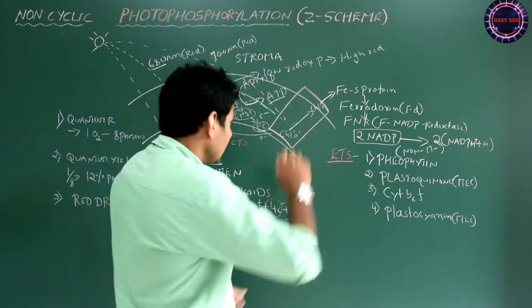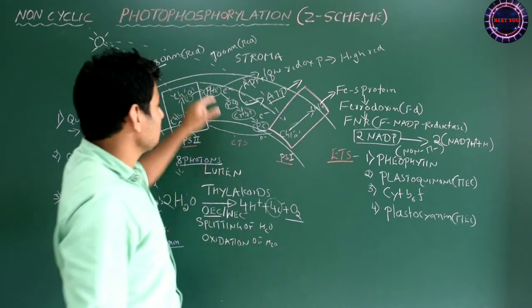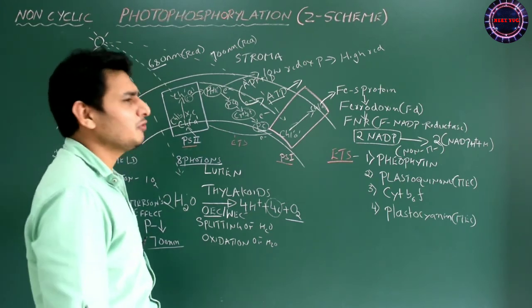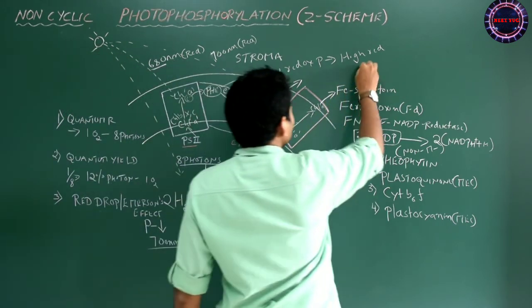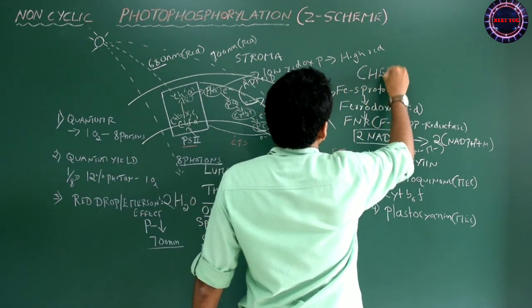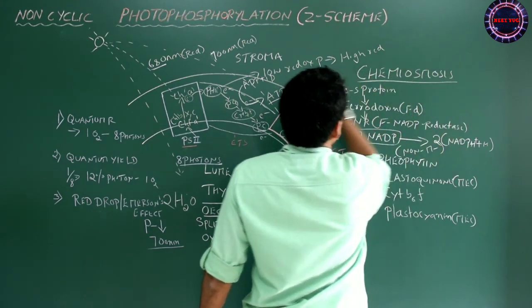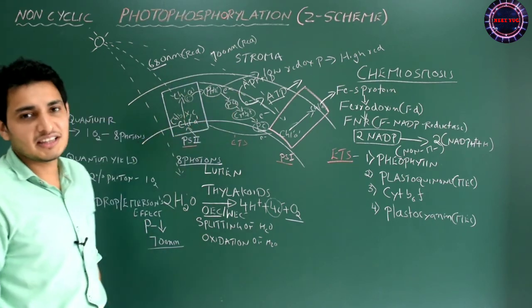Okay. Next I am going to explain how exactly ATP is synthesized within the electron transport system in non-cyclic photophosphorylation. It can be applicable to cyclic photophosphorylation too, in another concept called chemiosmosis, how exactly ATP is synthesized within the membrane of the thylakoid.